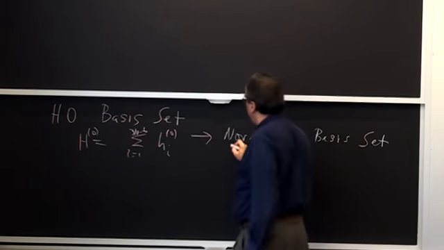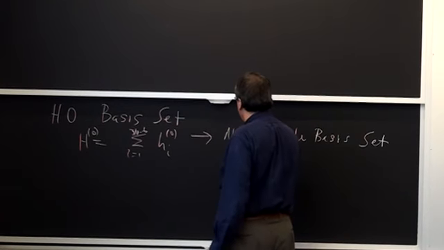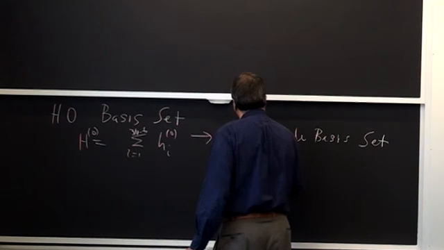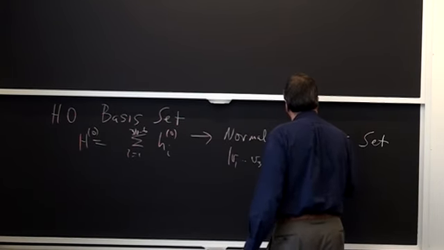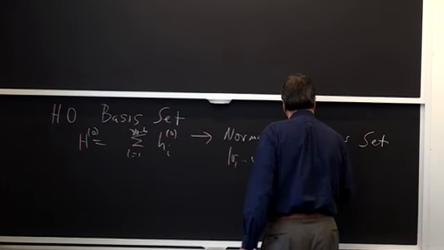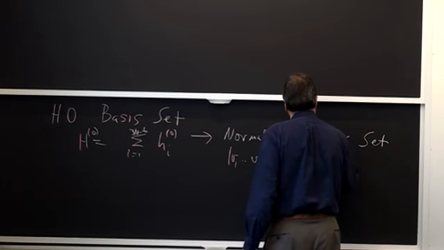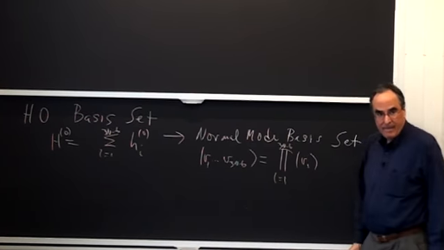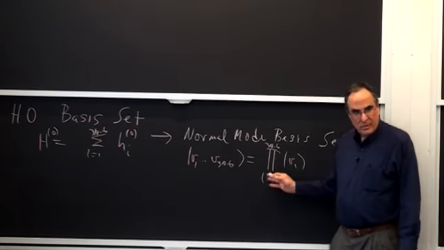We can say that we have wave functions or state vectors |v1, ..., v3n-6>, which are just the product, i equals 1 to 3n minus 6, of |vi>. So this is wonderful.